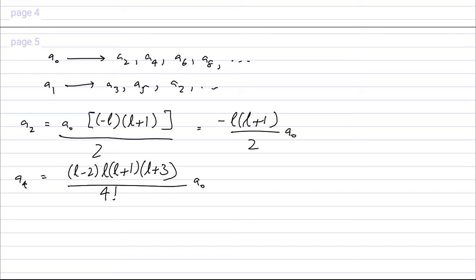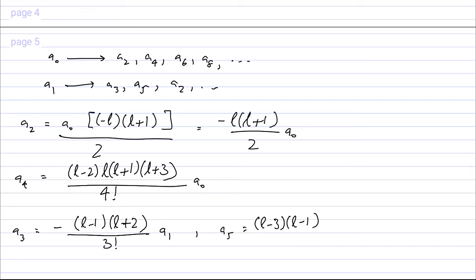Before doing that, let's do it for A1 to A3. So A3 is going to be given by minus (l minus 1)(l plus 2) divided by 3 factorial, times A1. And then A5 is similarly (l minus 3)(l minus 1)(l plus 2)(l plus 4) divided by 5 factorial, and so on.